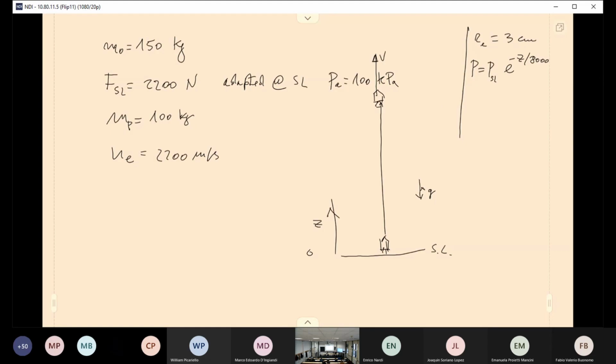In this direction, but at this point, we end propellant. So we stop our engine. So the question is, what is this?